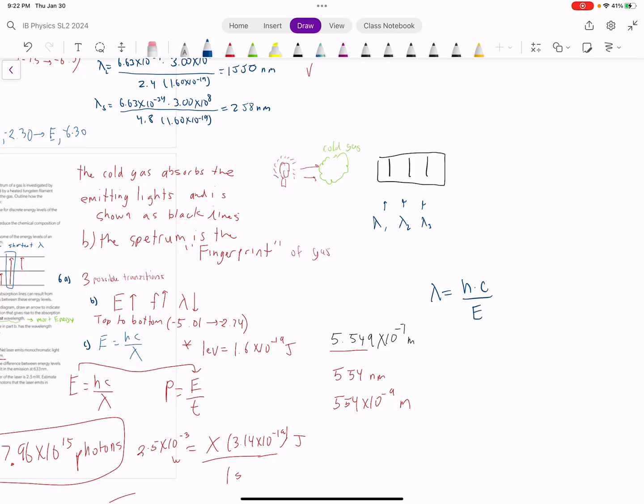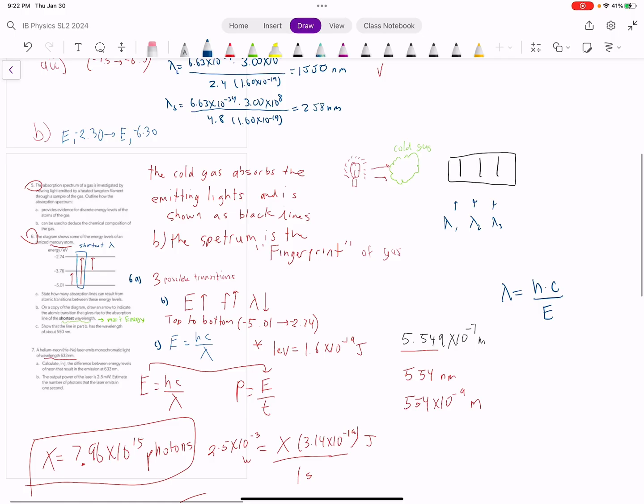The energy transition, which we did find in B, is going to be 2.27 electron volts.